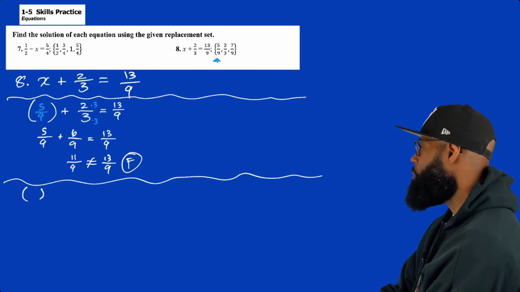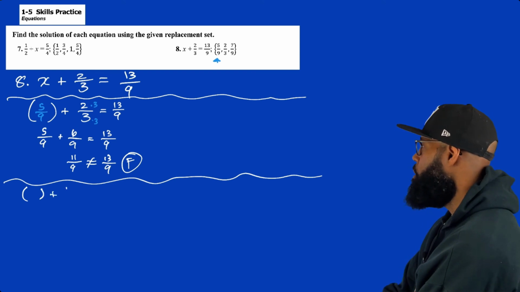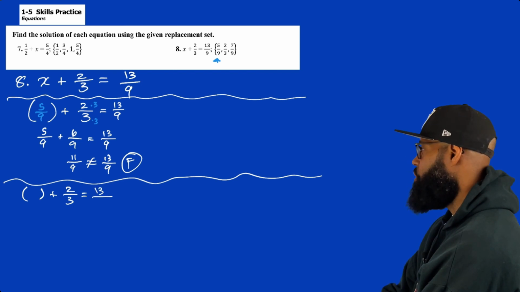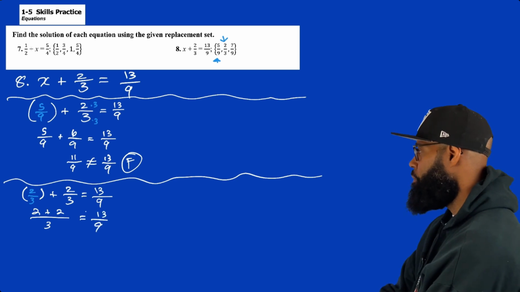So, next value, 2/3 plus 2/3 should equal 13 ninths. So plugging in for x the next value inside my solution set, 2/3. I'm loving it, same denominator, so I can just go ahead and do this: 2 plus 2, all divided by 3.